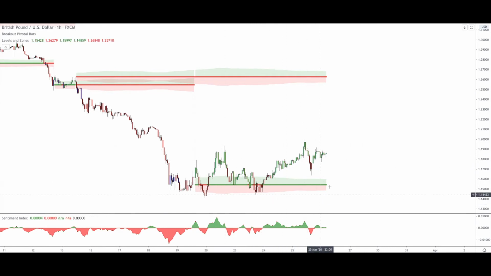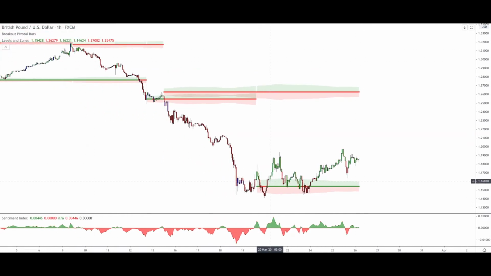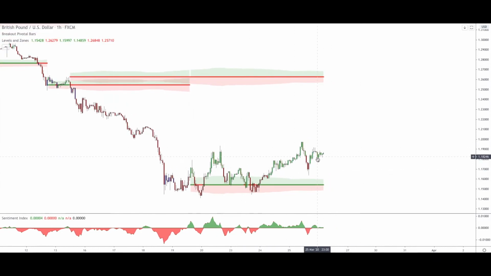Considering this movement, and in particular with our indicator, the levels and zones, we can see that we have a resistance up here and a support down here. So considering this downtrend and this sideways movement, I'm expecting the price to move around this area here. So I'm expecting it to continue to move sideways with some kind of an uptrend here.